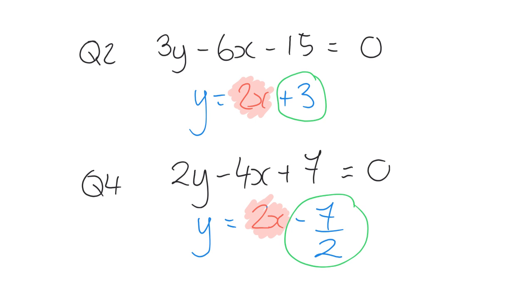What we're looking for is, do the lines have the same gradient? Once we've rearranged them, it's quite clear to see that question 2 and question 4 have lines that are parallel. Without rearranging into the standard form, it's impossible for you to have a bash at that question. So hopefully that clarifies things when they're right next to each other.